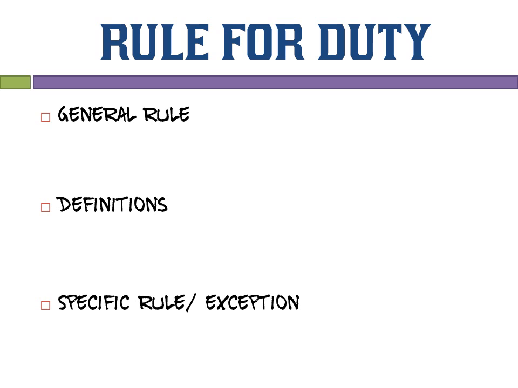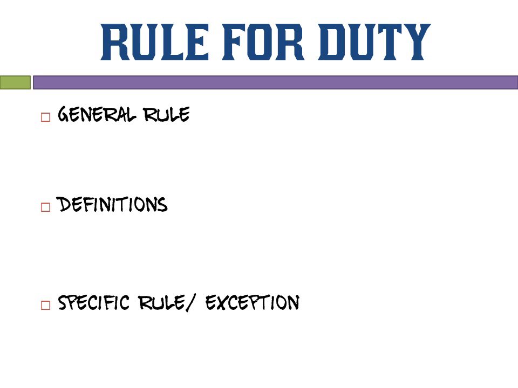The general rule here, in this case, there were several different ways of arguing that there was duty. The most obvious and the most likely means of duty is simply premises liability. If the plaintiff is on somebody else's property, then it's likely that there's going to be premises liability.